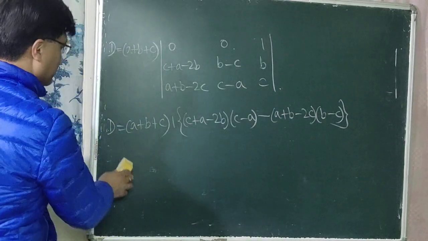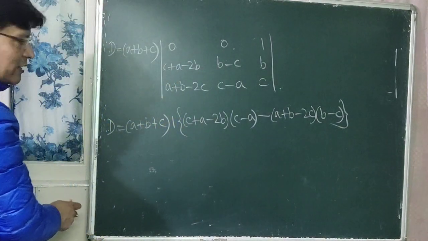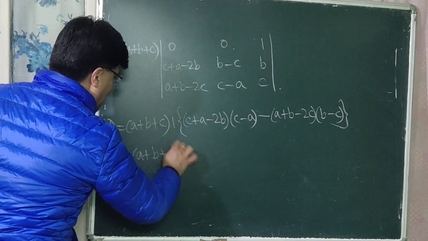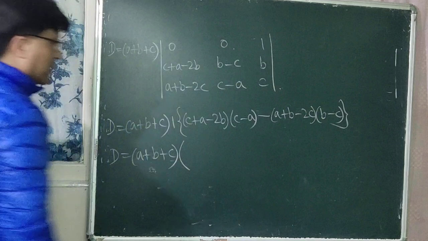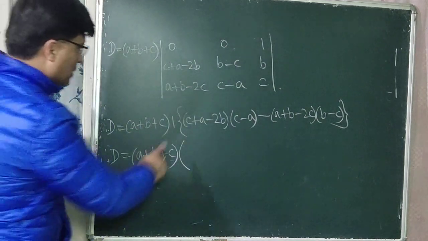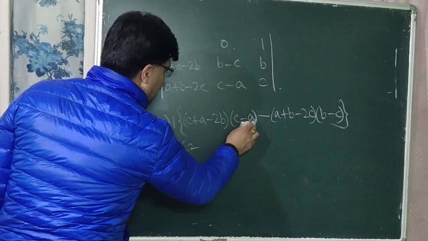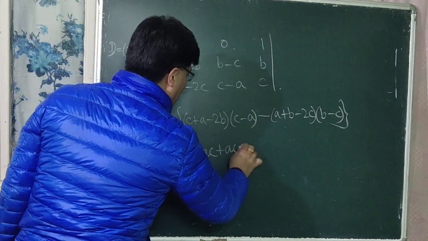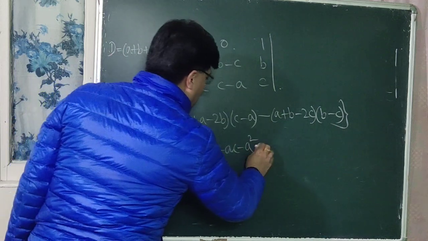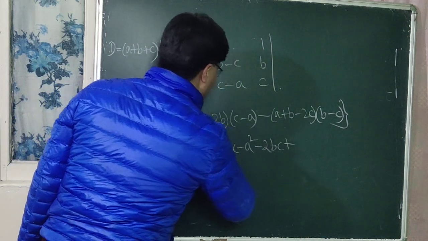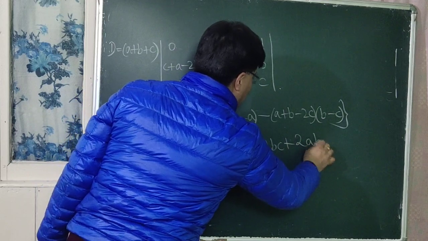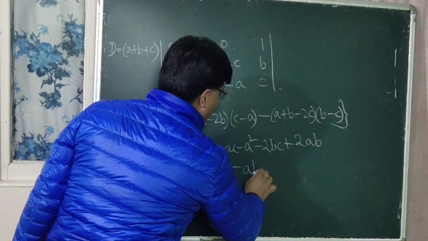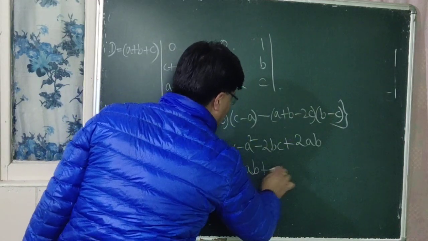Now let us simplify it. Within second bracket, you should be able to simplify. Therefore, D is equal to A plus B plus C. So now within bracket, let us multiply them. C into C, C square minus AC. You can multiply them. Plus AC minus A square minus 2BC plus 2AB. Then minus AB minus AB plus AC.